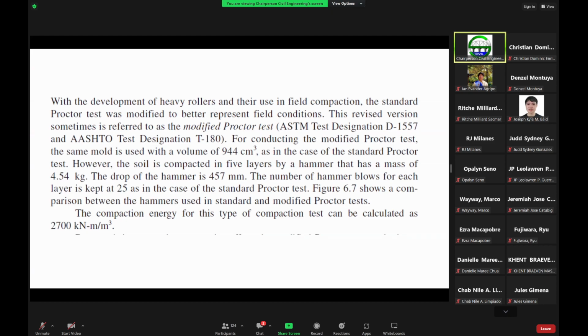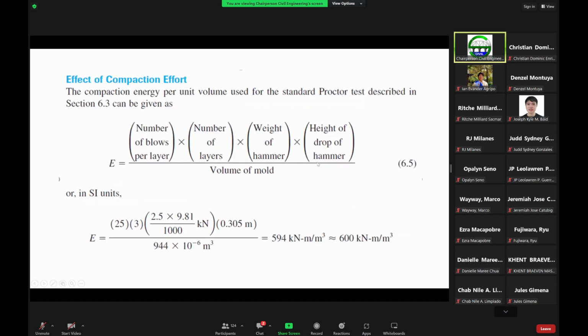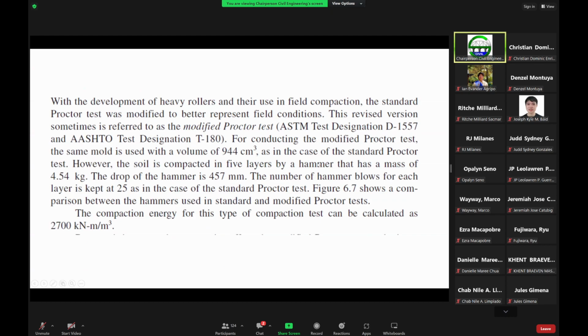So for the modified Proctor test, if you follow the same formula here, the compaction energy will then be equivalent to 2,700 kilonewton meter per cubic meter as compared to the 600 kilonewton meter per cubic meter for the standard compaction test.